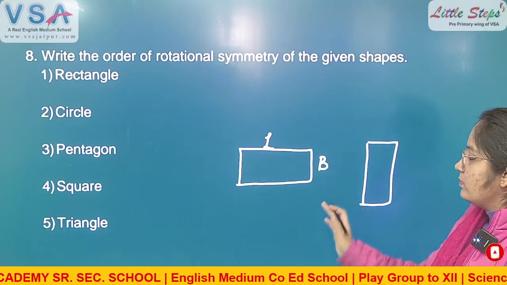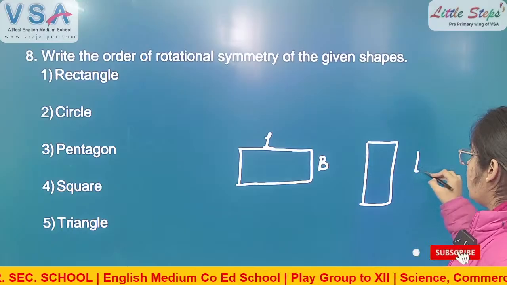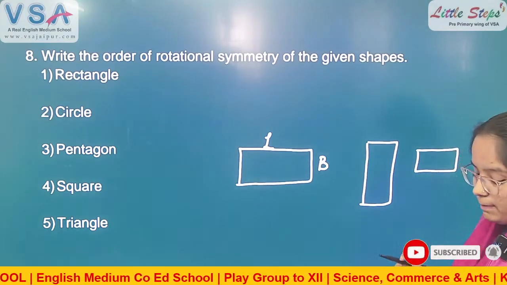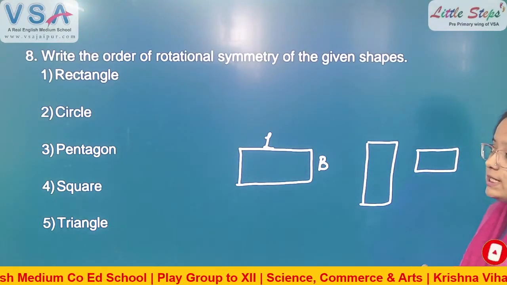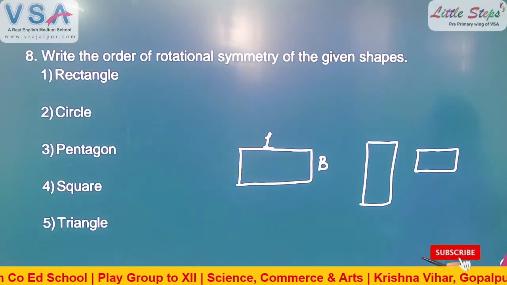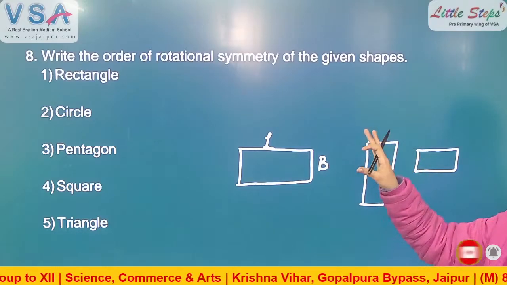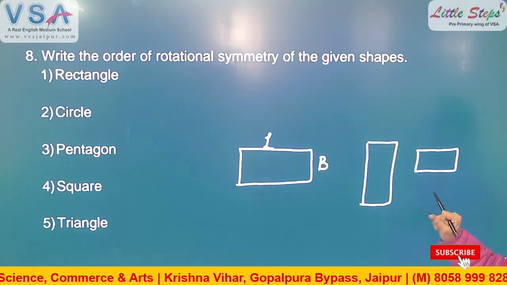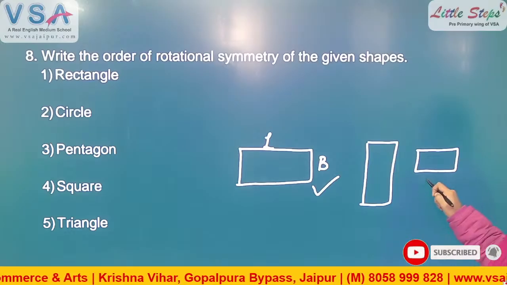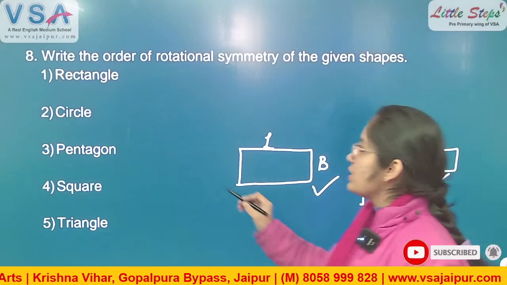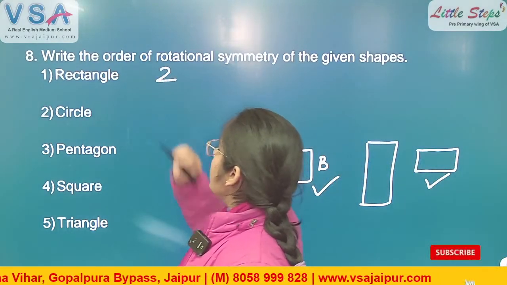If I turn it more, it will turn like this. How many times will it look the same? That is known as the order of rotational symmetry. How many times while rotating will it come back to its original position? That is 2 times, 1 and 2. So the order of rotational symmetry is 2 in a rectangle.